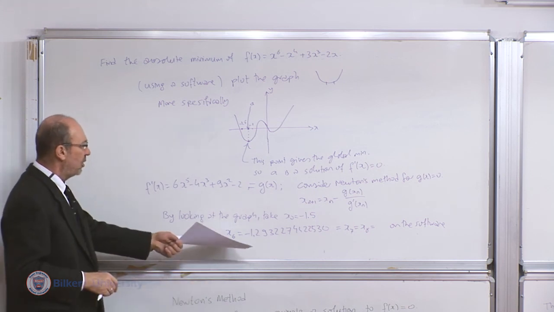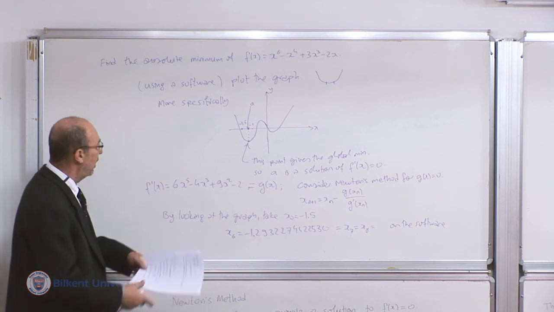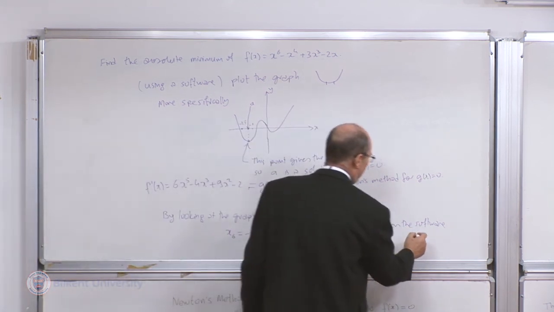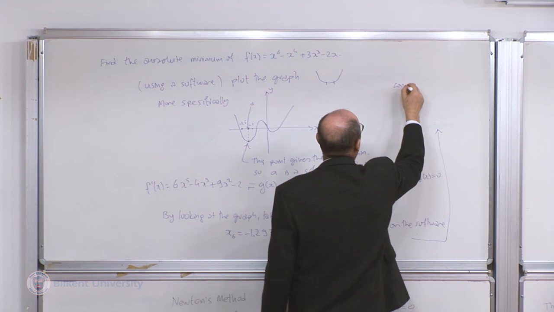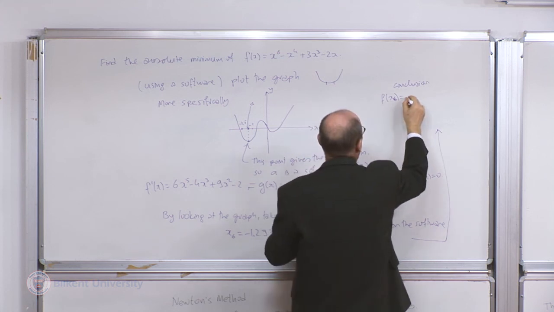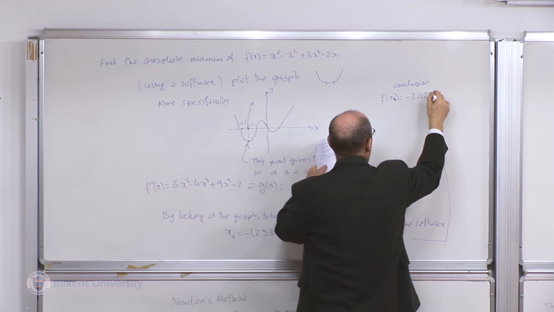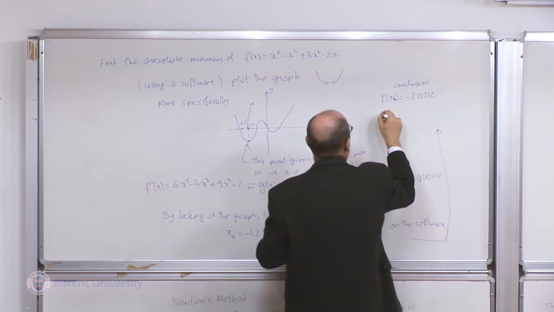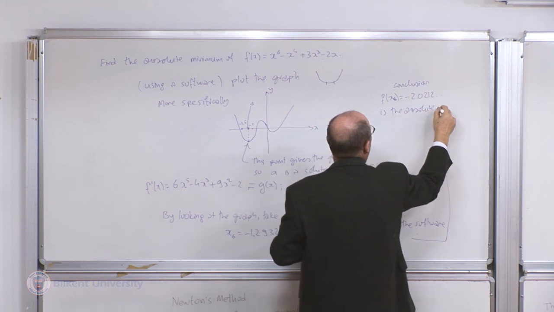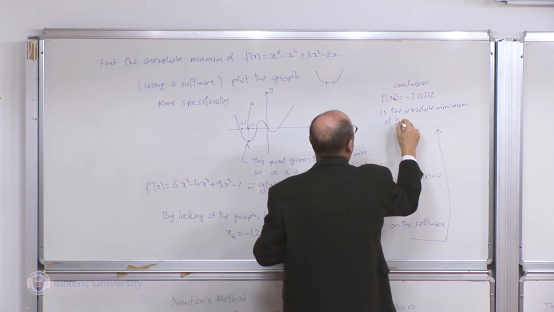So numerically, this is a root of the derivative. So conclusion, f of x6 is minus 2.02 something. Okay, so I have all these numbers here. It is the absolute minimum of this function.